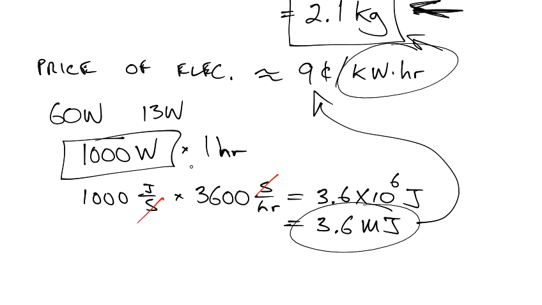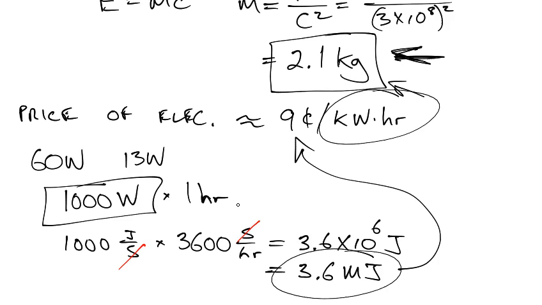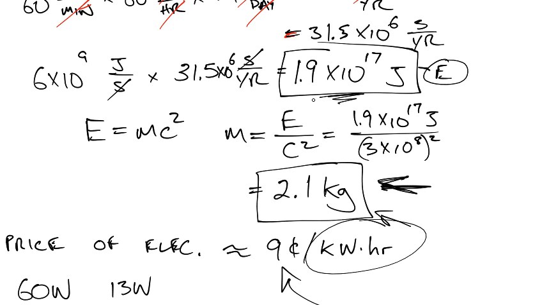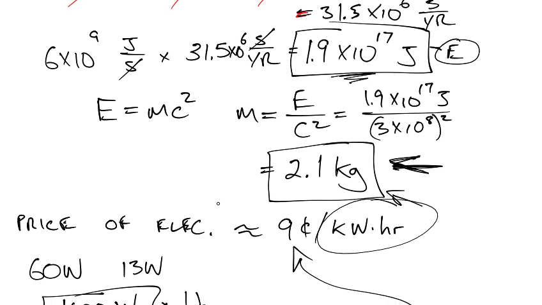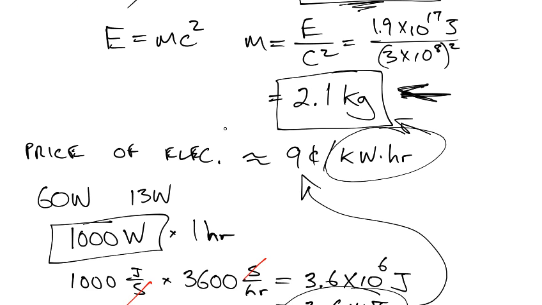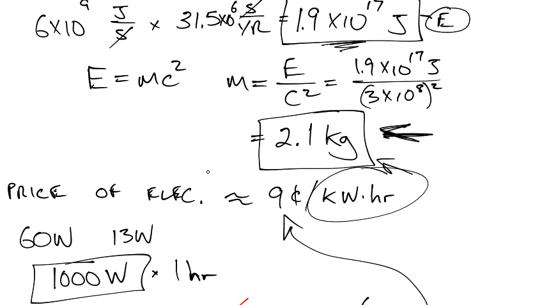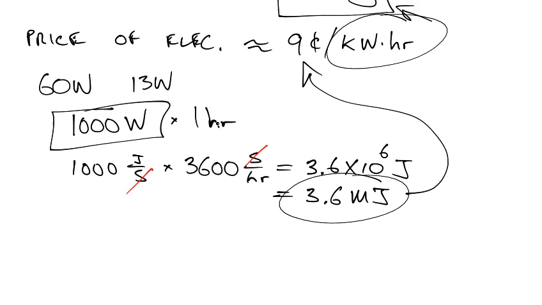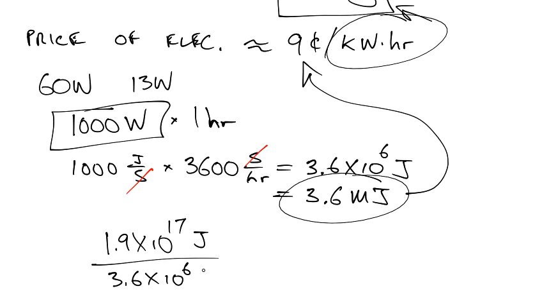Question now is, hey, how much money did that power plant produce in terms of electricity? Well, in order to do that, we need to figure out what 1.9 times 10 to the power of 17, how many times does 3.6 go into that? So 1.9 times 10 to the power of 17 joules divided by 3.6 times 10 to the power of 6 joules.